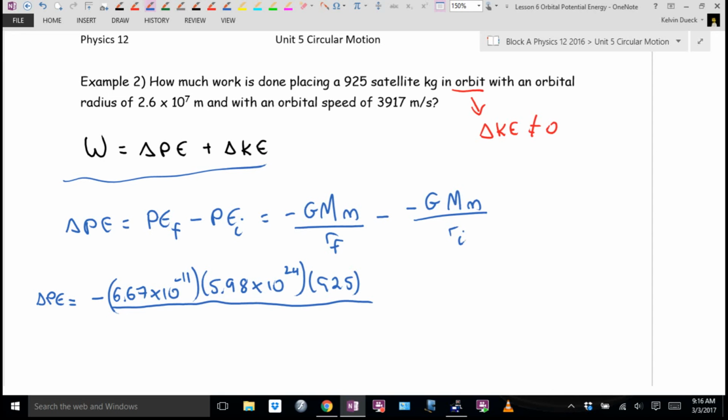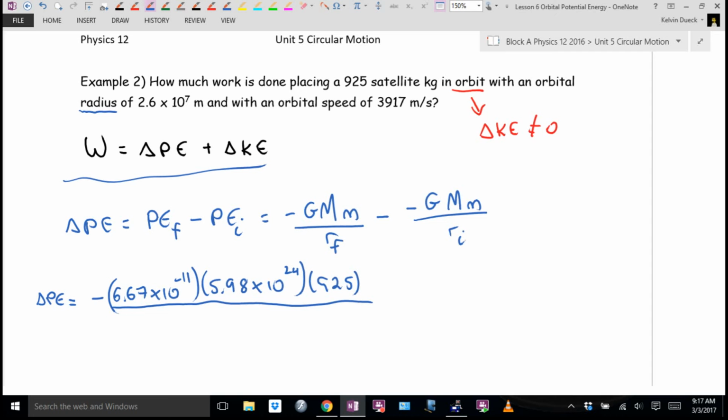I'm so glad Duncan made that fundamental mistake. Duncan said, is it 2.6 times 10 to the 7th plus 6.38 times 10 to the 6th? That would be if I told you the height or the altitude. But what did I give you? I was nice, and I understand your mistake. You are totally not used to me being nice, and I completely understand why your first assumption was that I was being a mean jerk, because that is my nature.